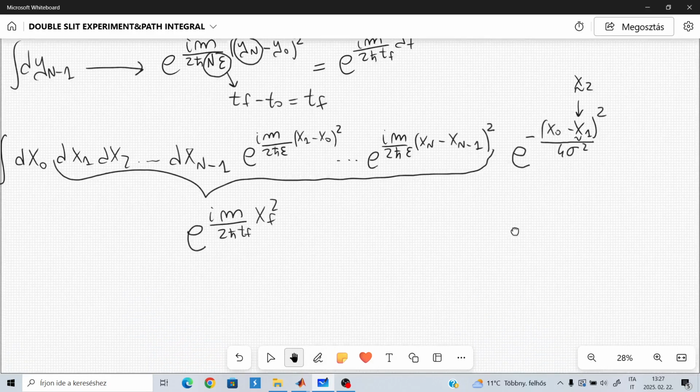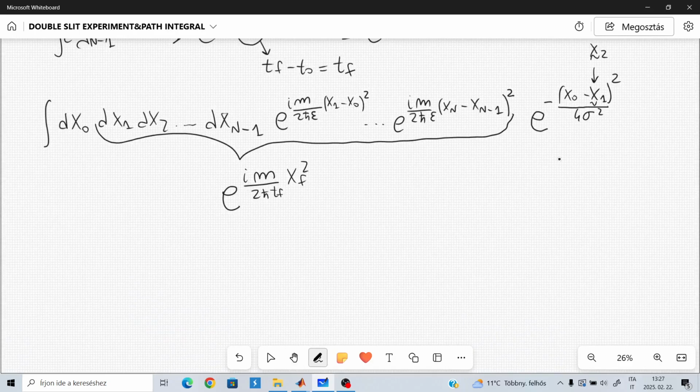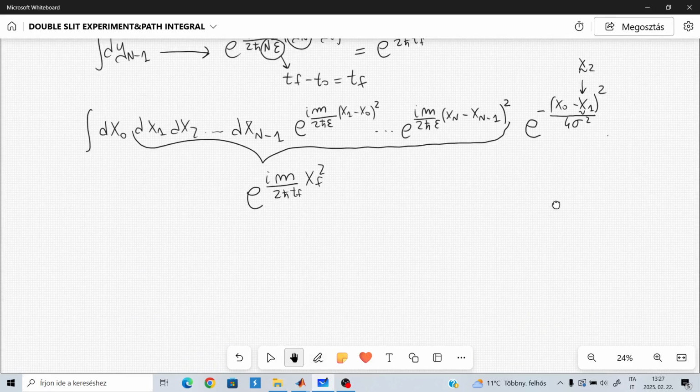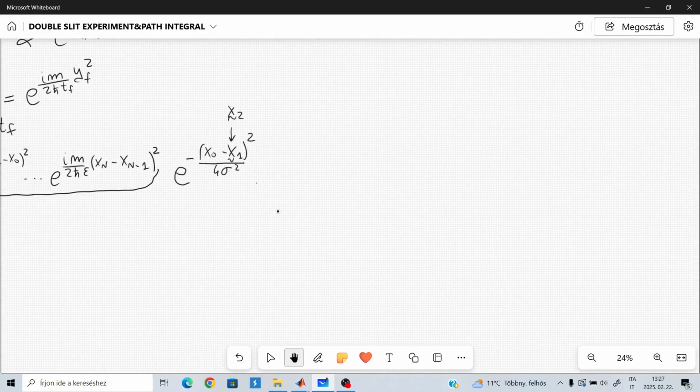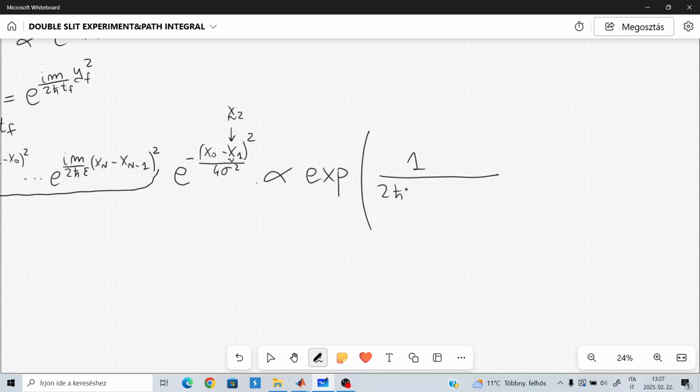And if we do that, we get something that is proportional to the exponential, now let me write it like this, exp of 1 divided by 2h bar tf over im minus 4 sigma squared, times xf minus x1 tilde squared.